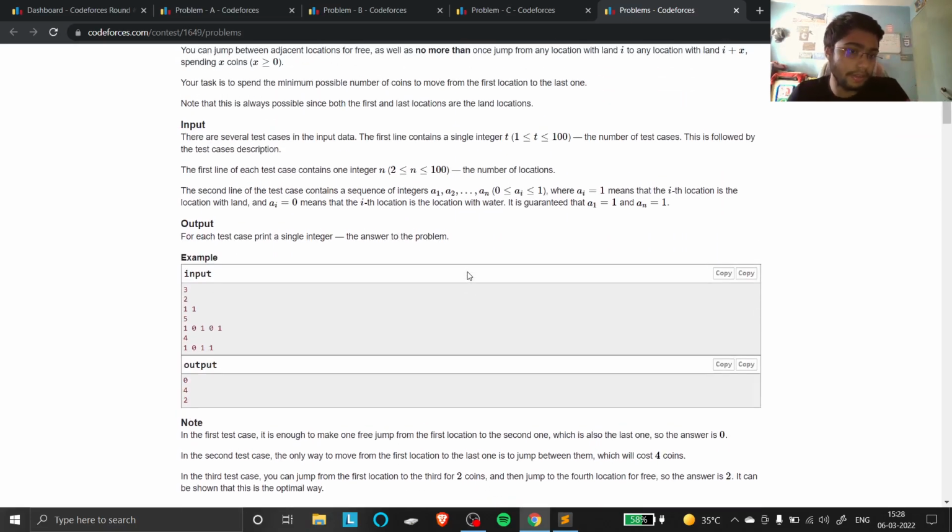How can we do this? We're going to calculate the water locations between them.